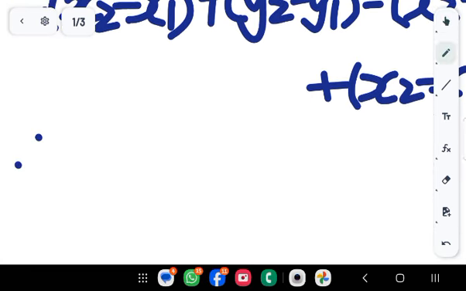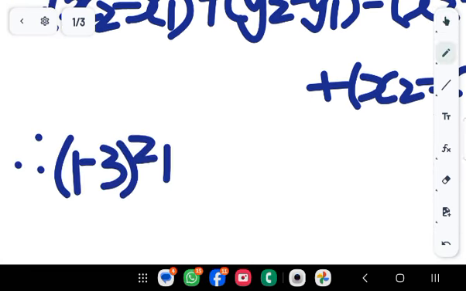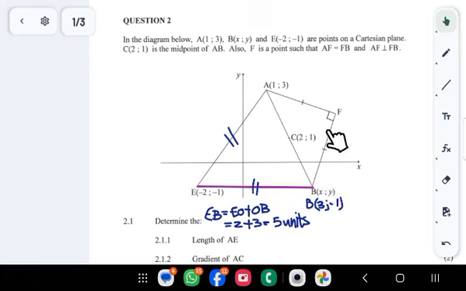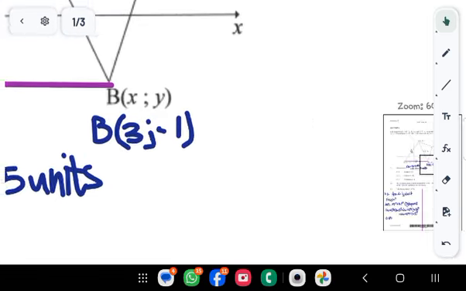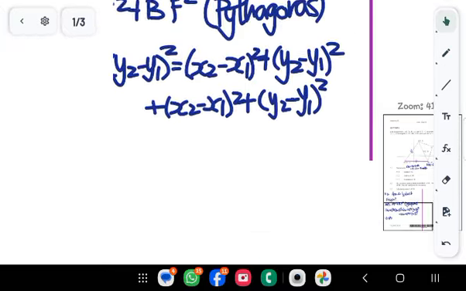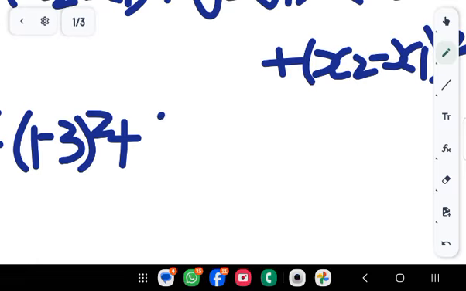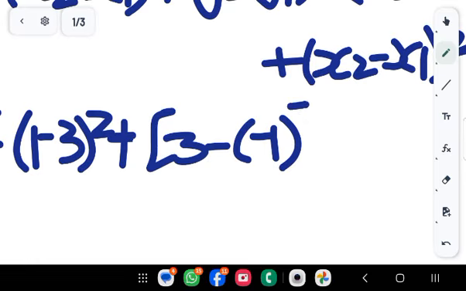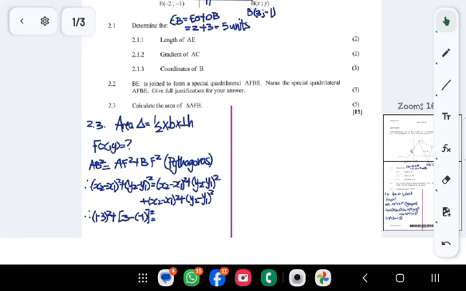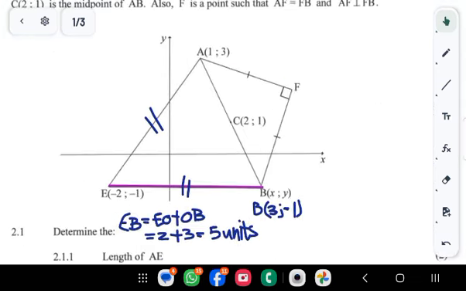So that will be 1 minus 3 all squared plus, and the y will be 3 minus negative 1 all squared, equals x2 minus x1 for AF.